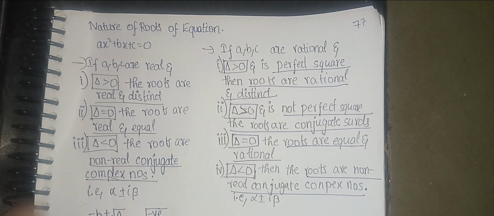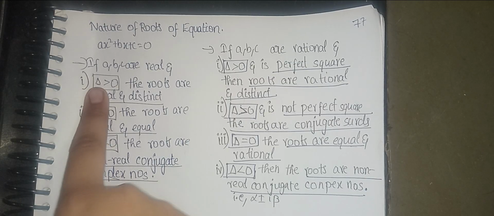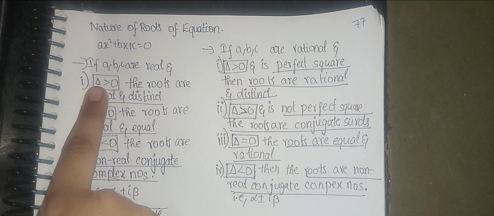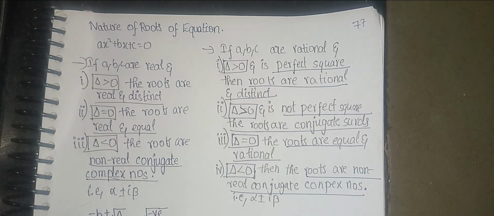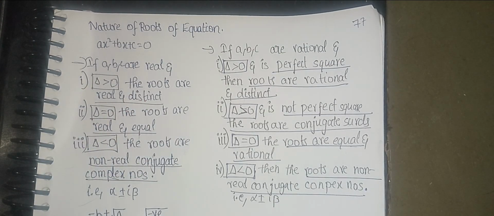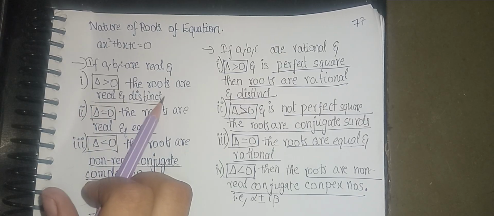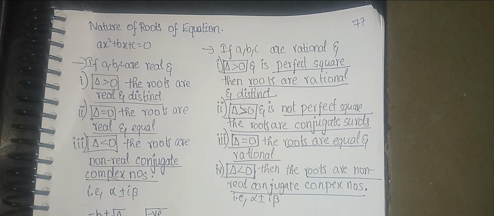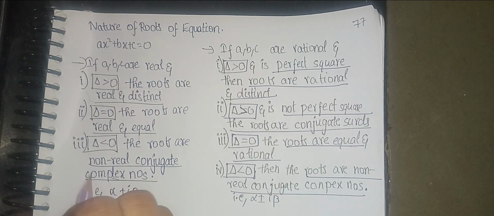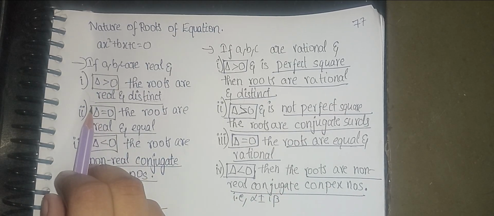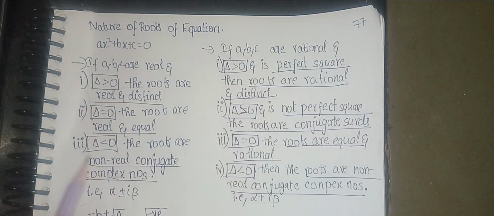See, what is delta? Discriminant, right? If discriminant is greater than 0, means if discriminant is positive, the roots are real and distinct. This we have learnt in previous classes, in 10th class and all, right?